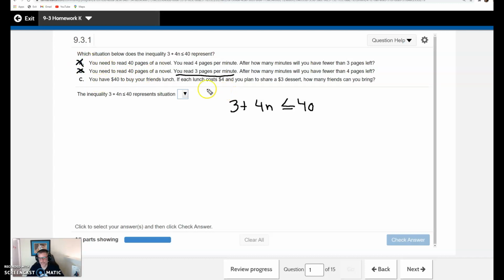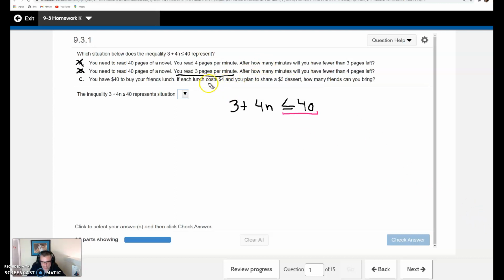Now let's take a look at C. You have $40 to buy your friend's lunch. That means that's all you've got. You cannot spend more than that. Well, that makes sense with this part right here. Whatever we spend on lunch has to be less than or equal to 40. So far this is looking pretty good. Each lunch costs $4.